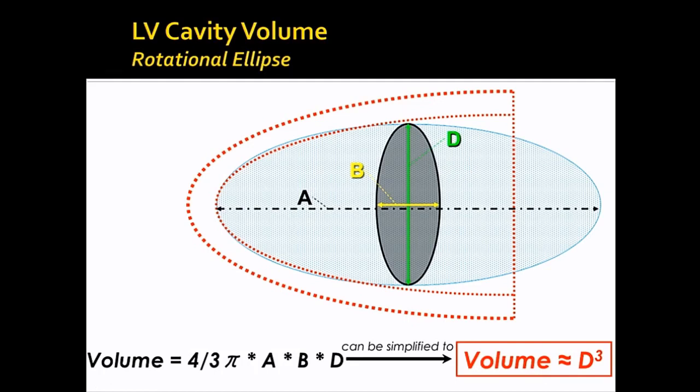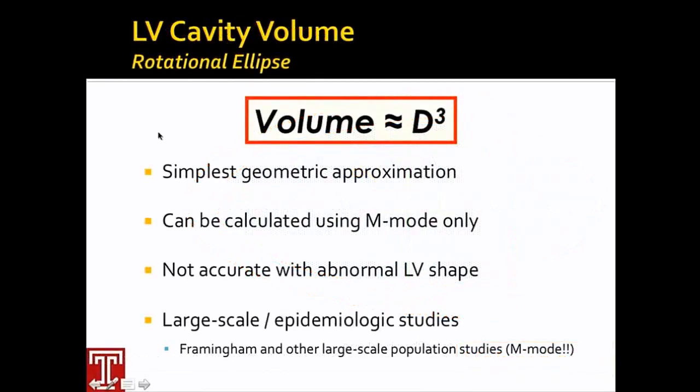So we can measure the diameter and we can cube it on the M-mode in the parasternal long axis, and voila, you have an approximate volume. It is the simplest geometric approximation. It should be used with M-mode only, and it is certainly not accurate in cases of abnormal LV shape, but you have to realize that many of our large-scale epidemiologic studies, for instance, the Framingham study, have relied upon this technique for years.